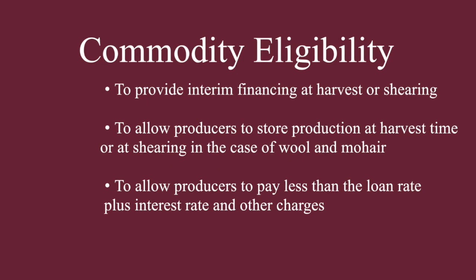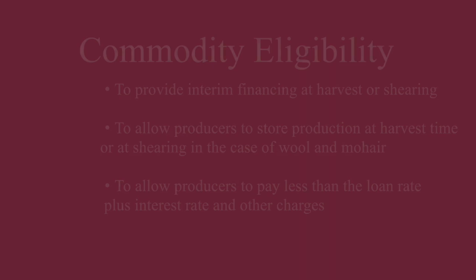The eligible commodity for marketing assistance loan or loan deficiency payments is any commodity produced or shown by an eligible producer, and it has to be used for food, feed, fiber, or any use determined by CCC, and the commodity also has to meet minimum grades of CCC.